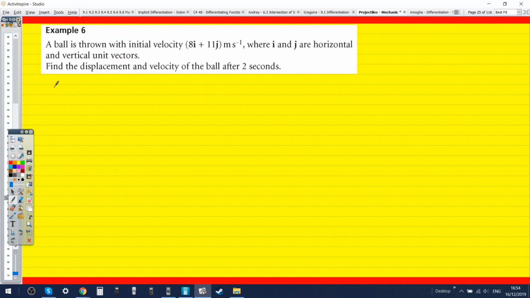So we knew U is 8i plus 11j. We're trying to find the displacement, so that's S. And we're finding velocity. Yeah, we'll get S first.